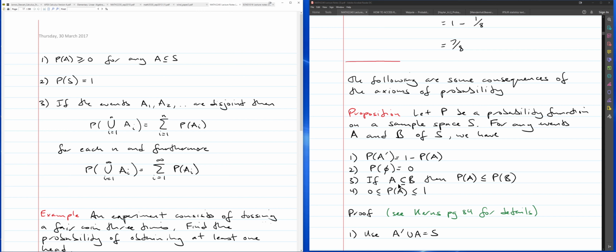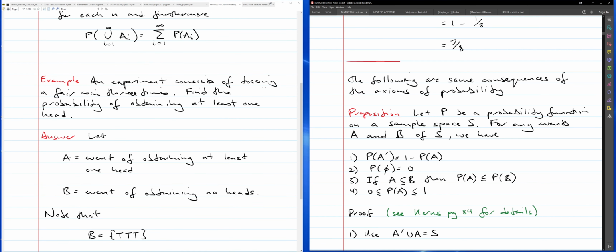I can get that if A is a subset of B, then the probability of A is less than or equal to the probability of B, right? And then I have this one over here, that the probability of any event A has to lie between 0 and 1, right? That may be somewhat obvious, but it still requires a certain amount of proof, right?